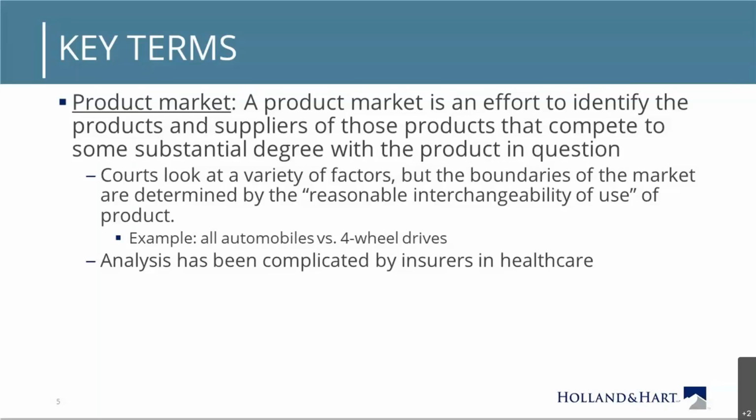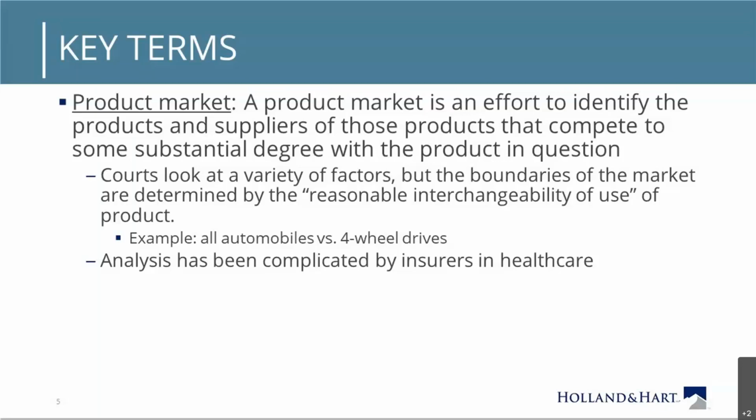In many instances, a four-wheel drive vehicle may be interchangeable with a two-wheel drive vehicle. And so you would have to consider that for your product market. And let me give you an example.